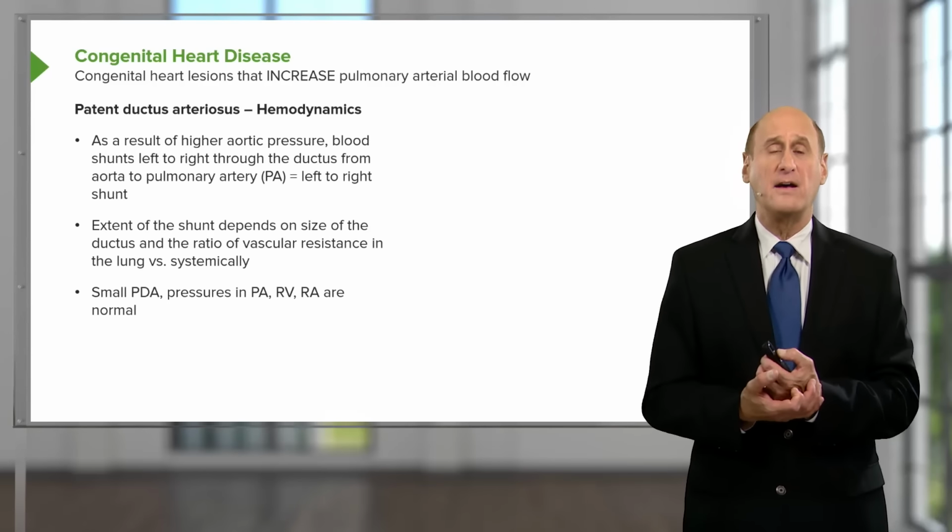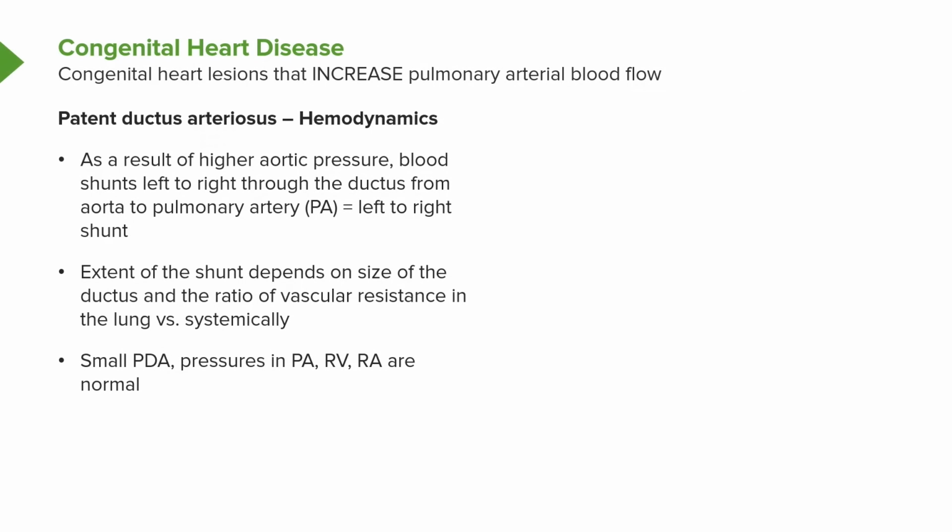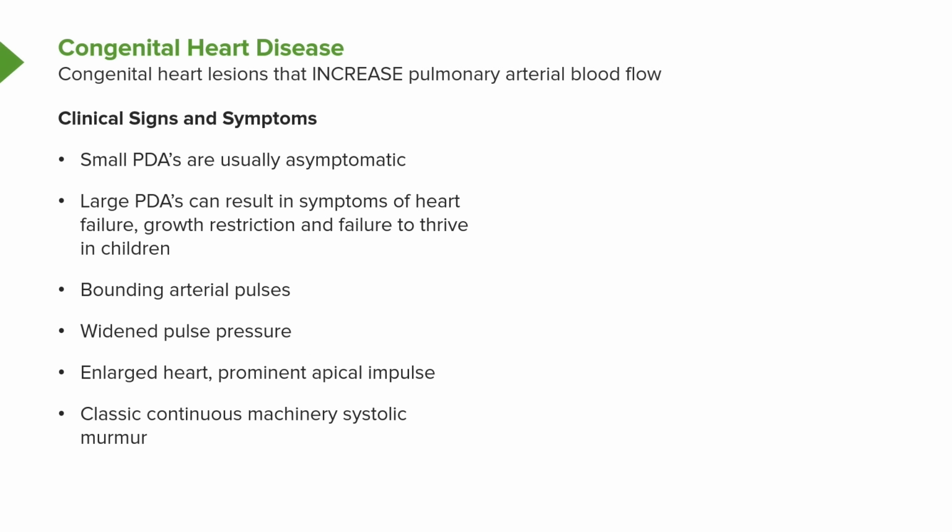And again, as I mentioned, the hemodynamics of it are both increased flow and increased pressure in the pulmonary circuit that can lead to severe pulmonary vascular disease. But fortunately, the characteristic murmur means it's usually picked up in childhood and corrected with a fairly simple cardiovascular operation that does not require the heart-lung machine.